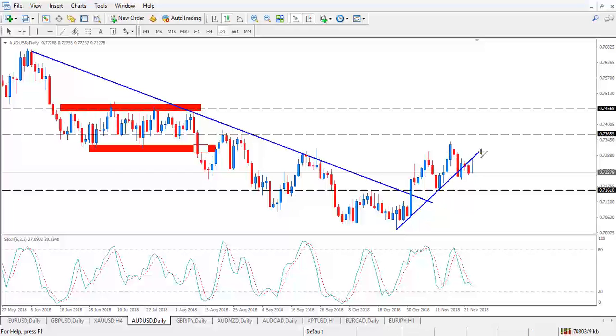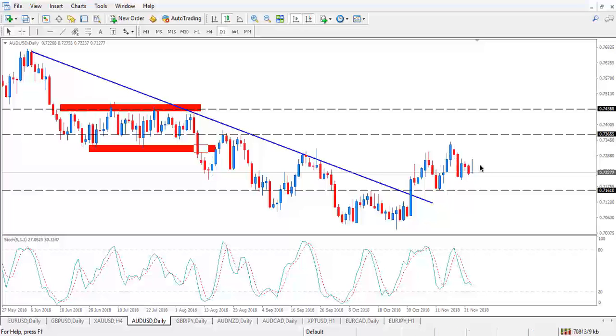So we have a short-term uptrend here, which means we are at the beginning of an uptrend.